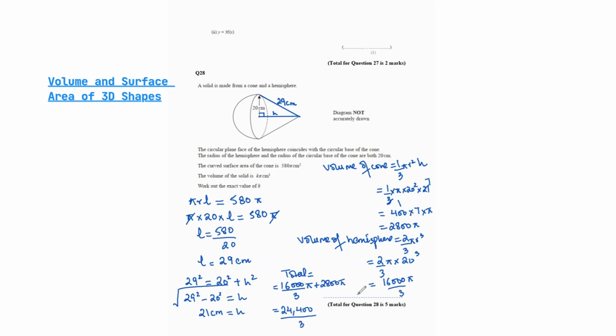Since pi is already given and they want us to find the value of k, so this is k, 24,400, because 3 times 2,800 is 8,400, and 8,400 plus 16,000 is 24,400. So 24,400 divided by 3 is the value of k.